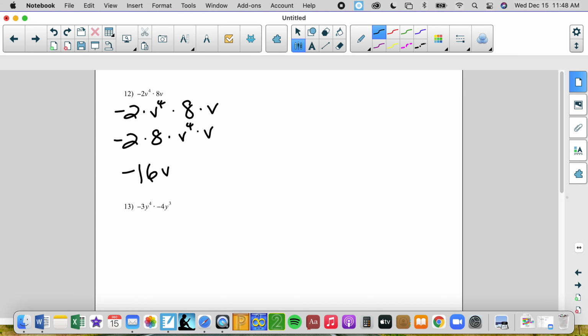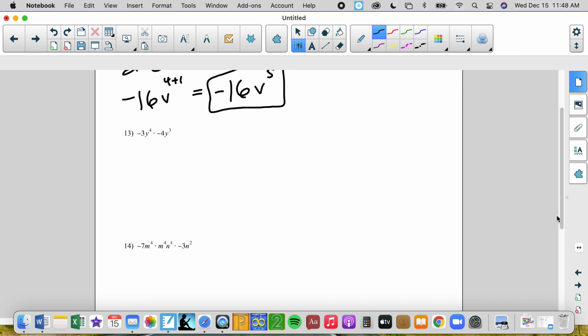We have like bases, so we are going to add their exponents. Remember, there's an invisible 1 right there. So we need to represent that. That gives us negative 16v to the 5th. 4 plus 1. Number 13, we have negative 3 times y to the 4th times negative 4 times y to the 3rd.